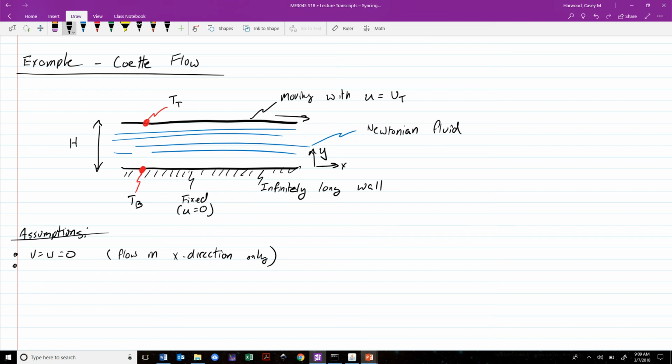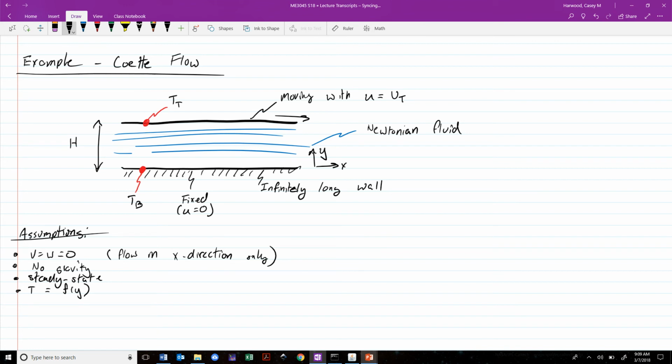We're also going to assume that there's no gravity. It wouldn't make much of a difference if we included gravity, but we'll leave it out for now. We're going to assume that we're at steady state, that the temperature is a function of y only, that is, that the temperature does not vary in the x direction.